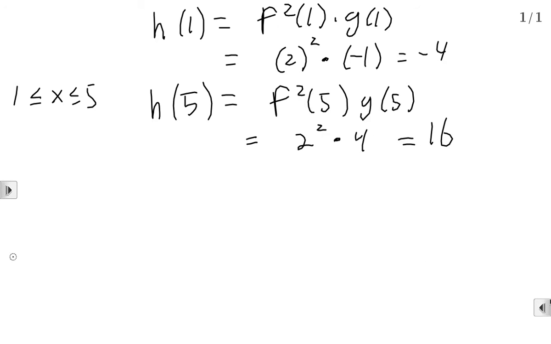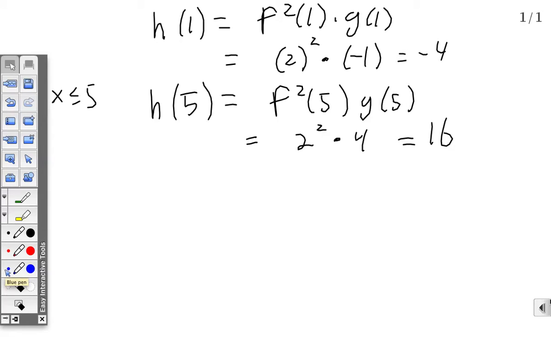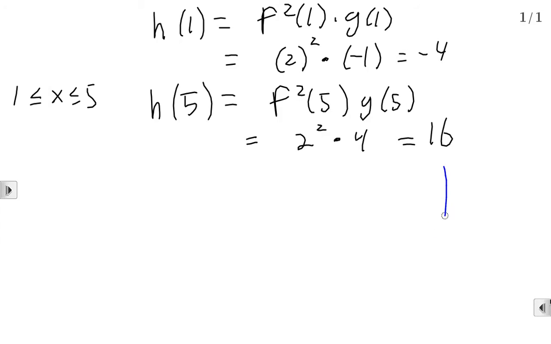So here's what we've shown. And once again, blue is just notes. We've shown that the graph of h begins down here at 1, and it ends here at 5. So to get from here to here, of course, we have to pass through a value of 1 on the y-axis.